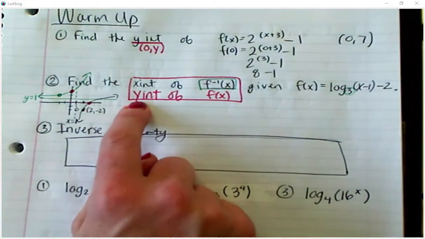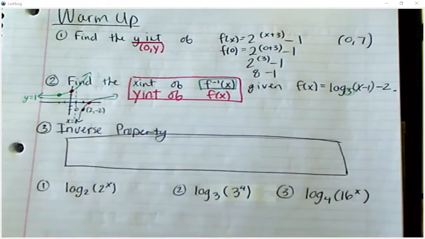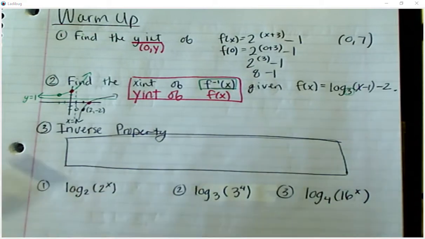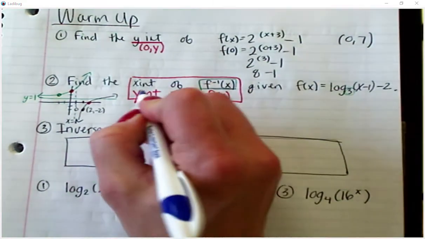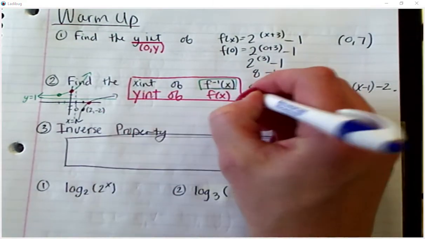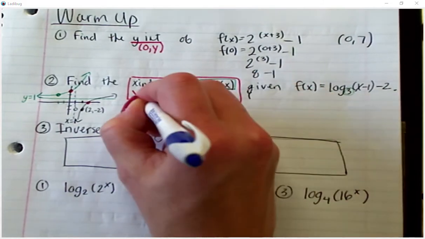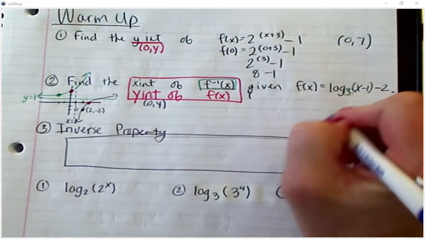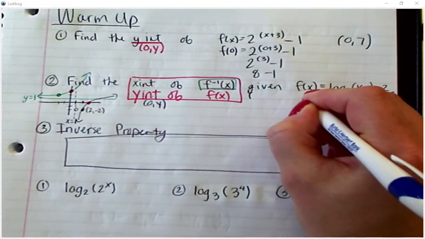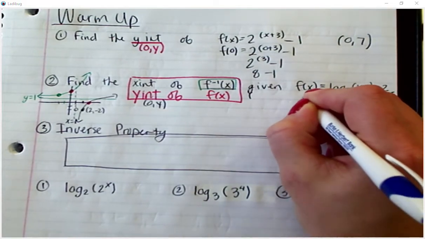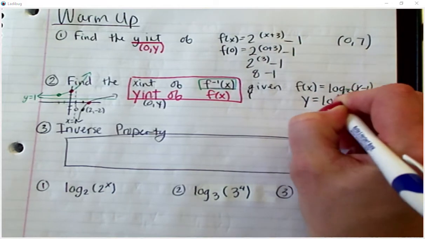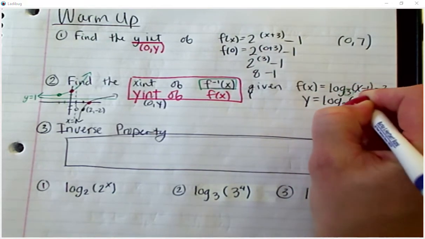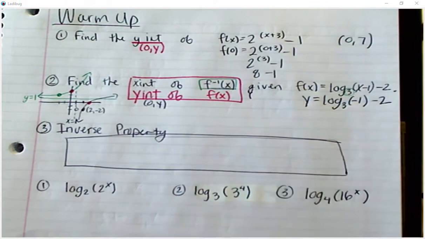Does a y-intercept exist on the original? No. So if you're looking at the point, okay, so y-intercept of f of x would be (0, y). Plug in 0 and see what happens. Y equals log base 3 of negative 1.